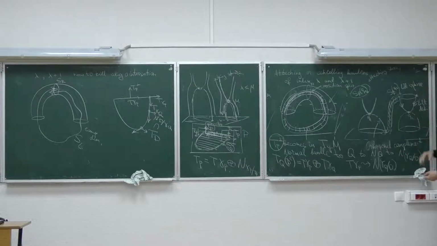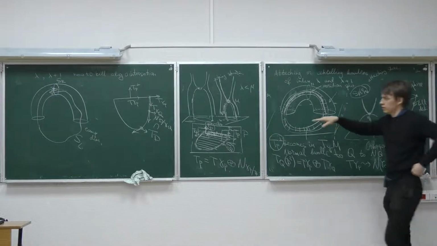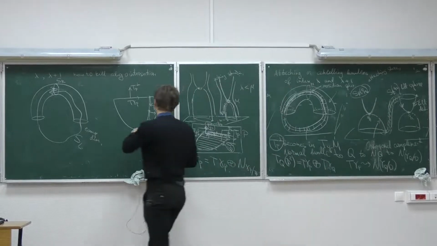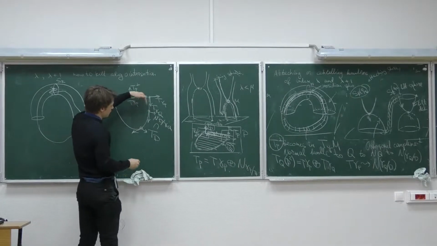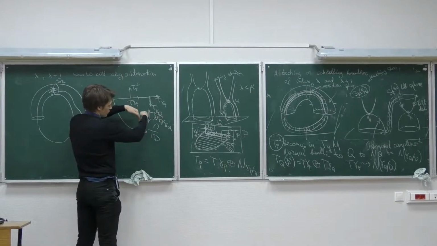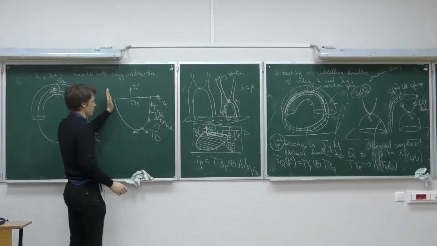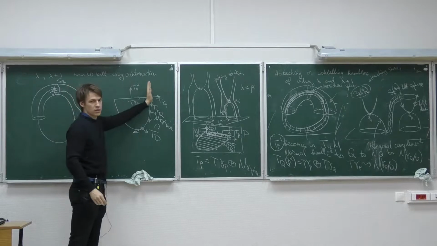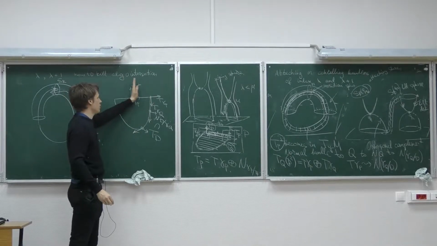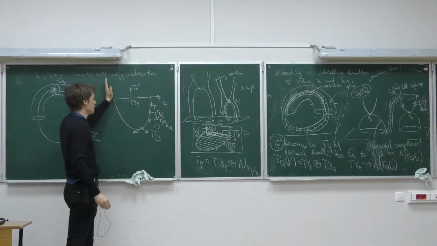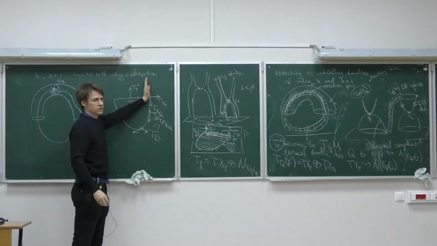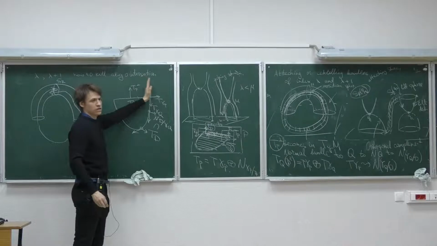Just in the tangent space of the disk along gamma Q you have the normal direction. So in the normal direction to the variety Q you have to take this orthocomplement. And this gives you the choice of the bundle that is consistent with just going around the loop.